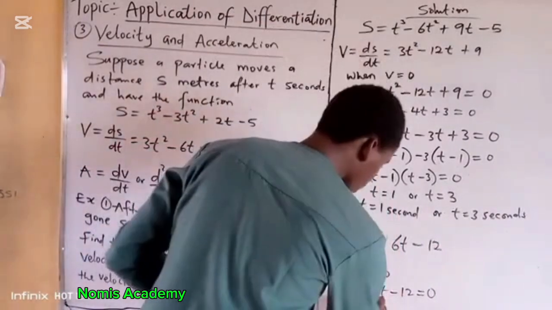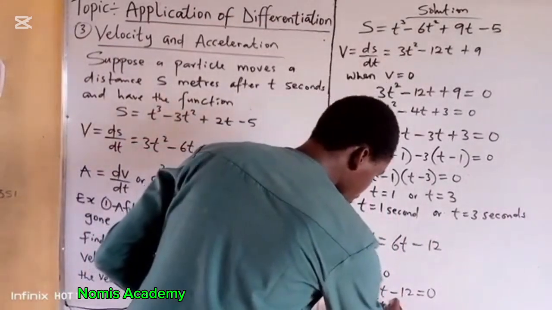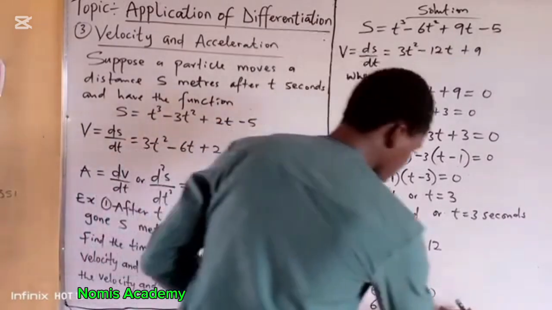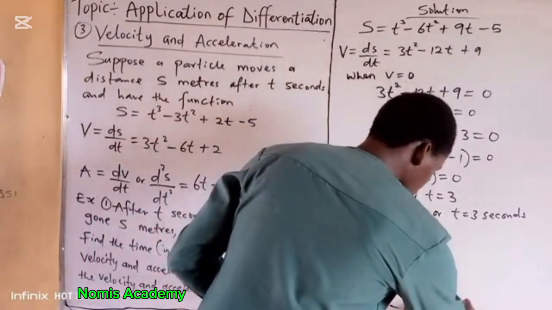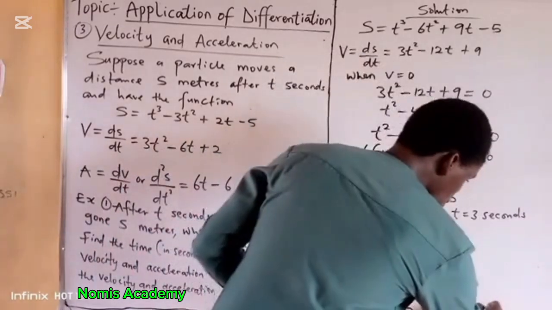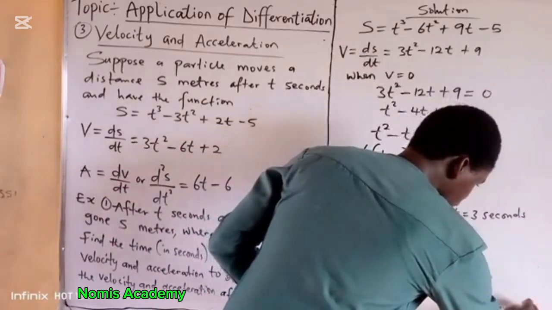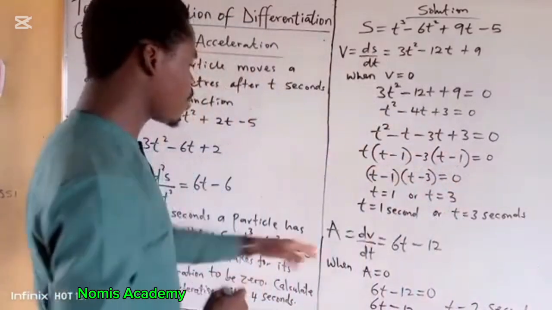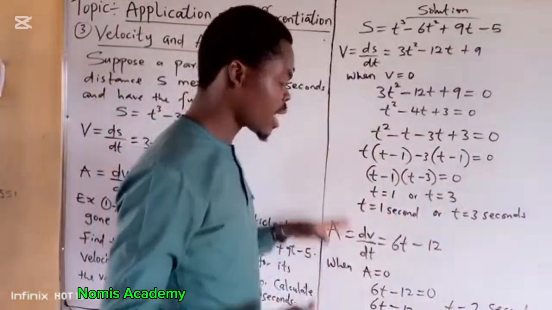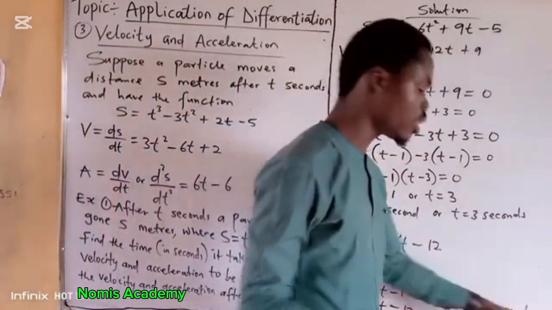At this point, we say 6t equal to 12. So t at this point is equal to, divide through by 6, 2 seconds. So at the point where the acceleration is equal to 0, the time taken is 2 seconds.